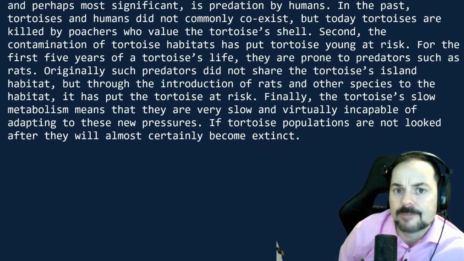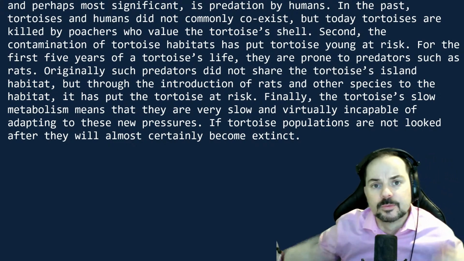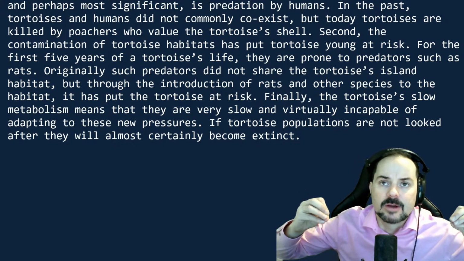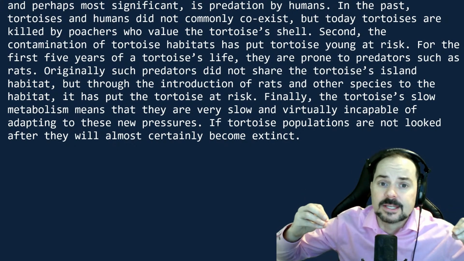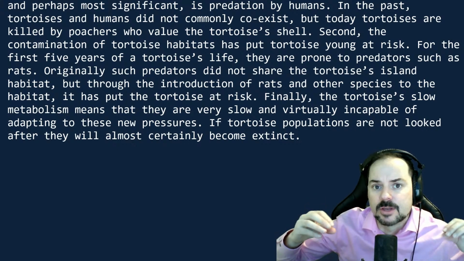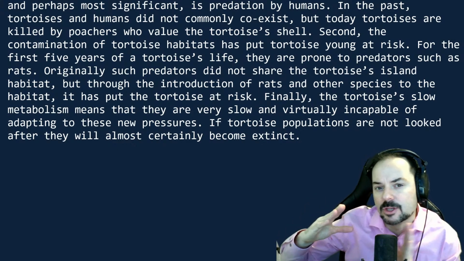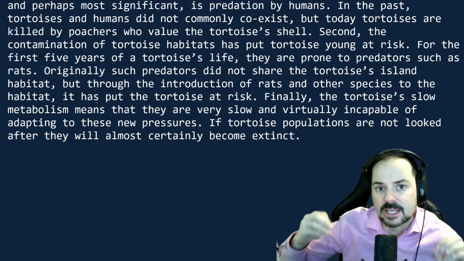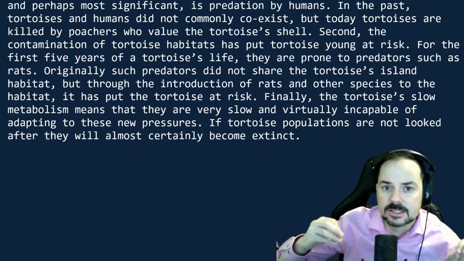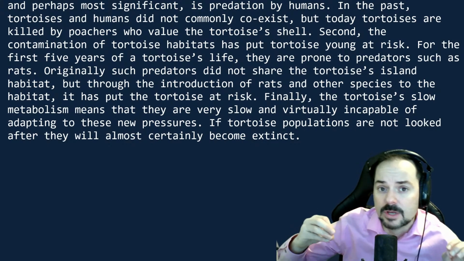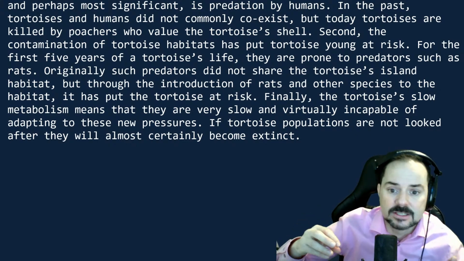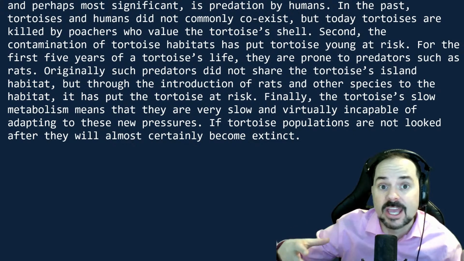Yeah, and John, when you're doing this, in the real IELTS, what you want to do is you want to be able to summarize the paragraph within one sentence as accurately as possible. So I think you're on the right track. I do think you're missing pieces. So I would say that it is the dangers that threaten the existence of tortoises today, including humans, pollution, rats, and their inability to change, right?